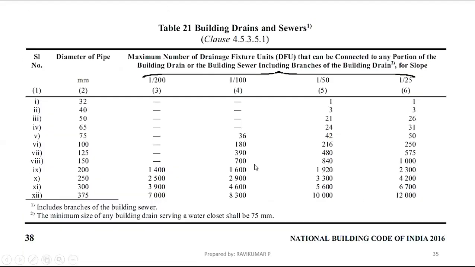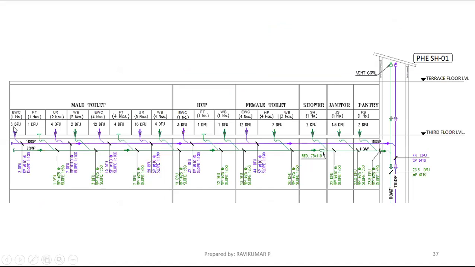That is what I have mentioned here: 3 DFU, where DFU means drainage fixture unit. This branch pipe will be connected with the header pipe, and that header pipe load will be 3 fixture units only.